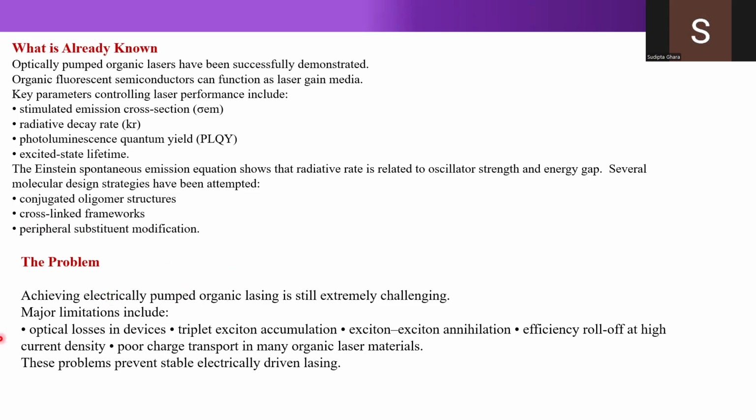But the main problem is that achieving electrically pumped organic lasing is still extremely challenging. Major limitations include optical losses in devices, triplet exciton accumulation, and exciton annihilation. These are the major problems. And efficiency roll-off is also a major problem at high current density.